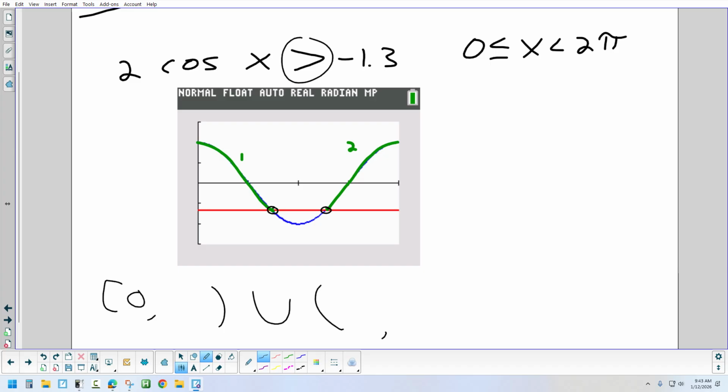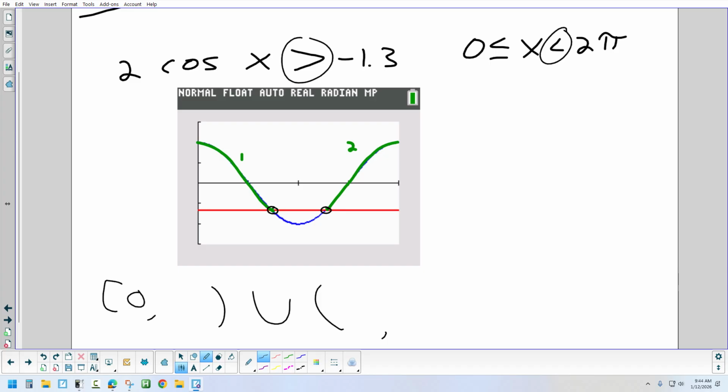And then, where does interval 2 stop? Stops at 2 pi. Do we include or don't include that? You don't include it, because it says right here, you have to be less than 2 pi.